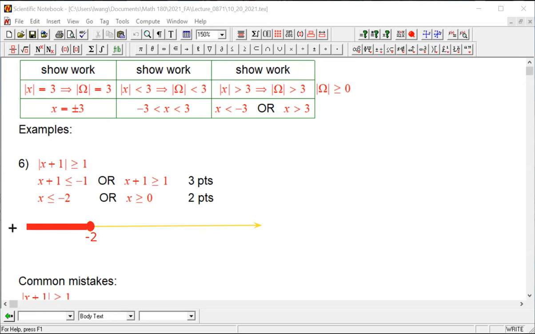To -infinity, 0, right? So you're gonna mark 0, including 0. So you're gonna mark the other piece.